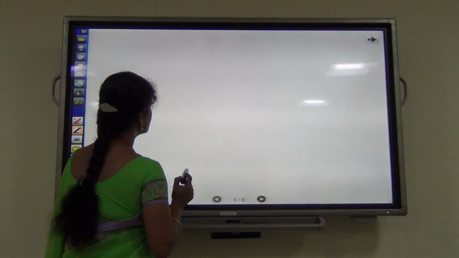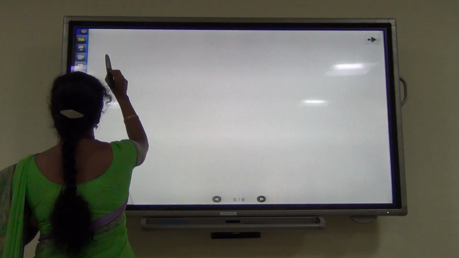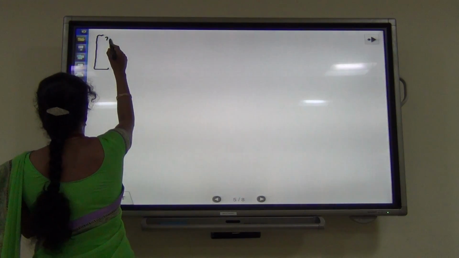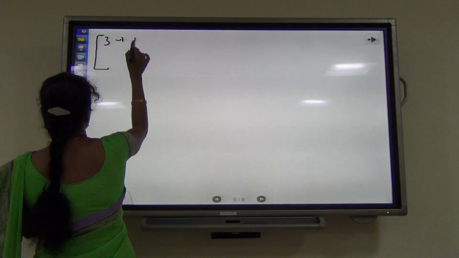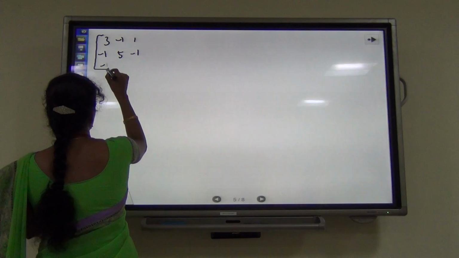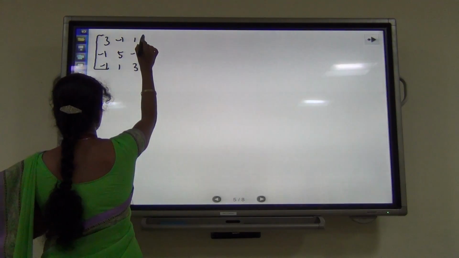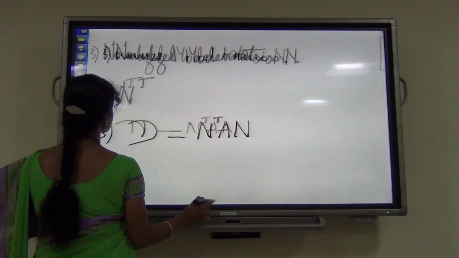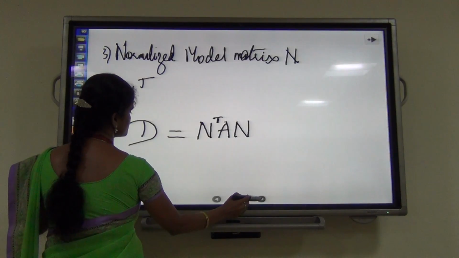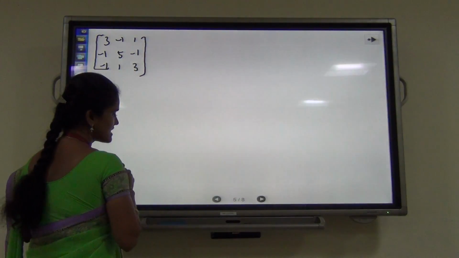So let us do this problem by working out all the 5 working rules, or steps. What is the matrix? 3, minus 1, 1, minus 1, 5, minus 1, 1, minus 1, 3. Let me check once again. So what are the 5 steps?